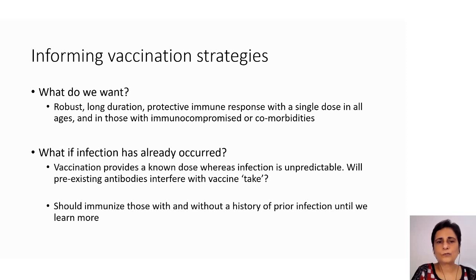We also don't know whether pre-existing antibodies could potentially interfere with vaccine take. So in terms of learning more about the immune response in the context of prior exposure, a lot more has to be done, but we should immunize those with and without a history of prior infection until we learn more.